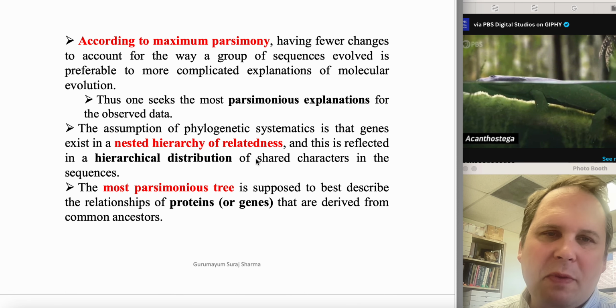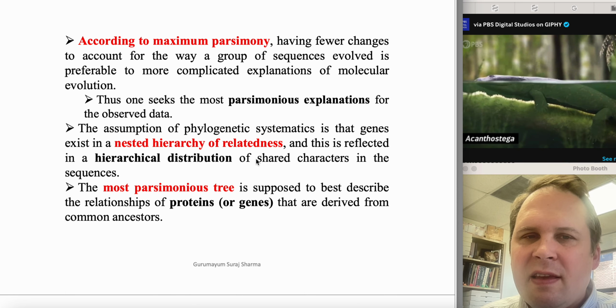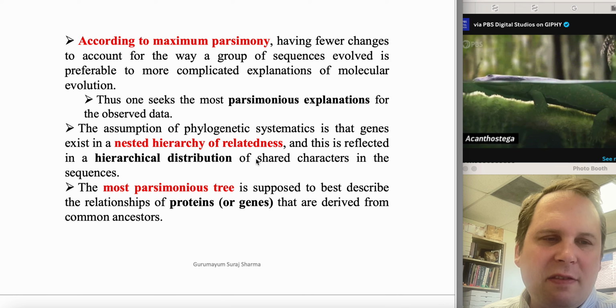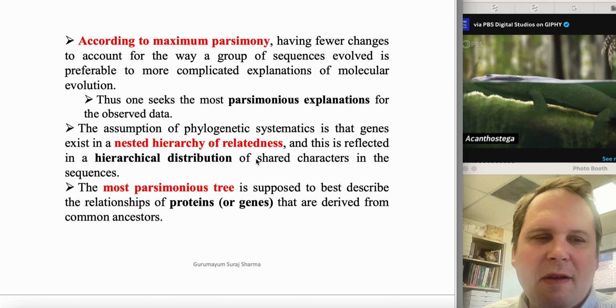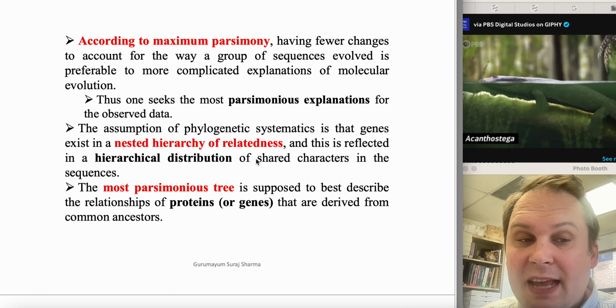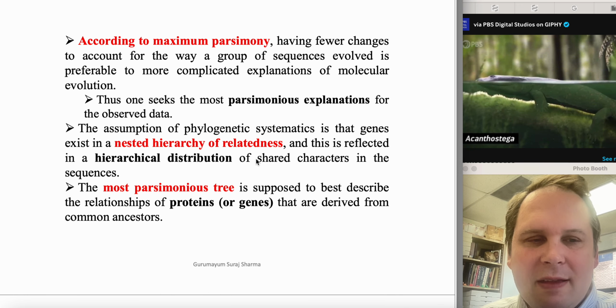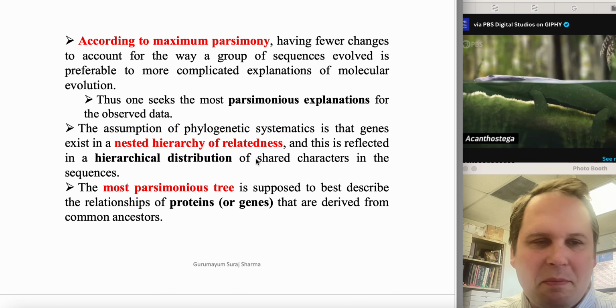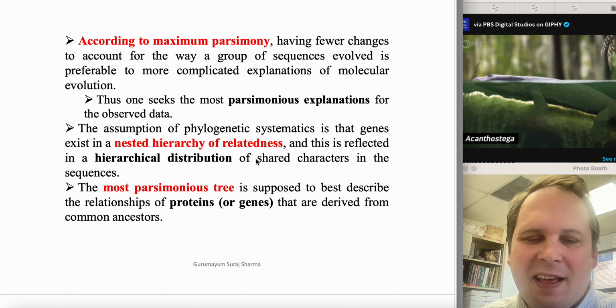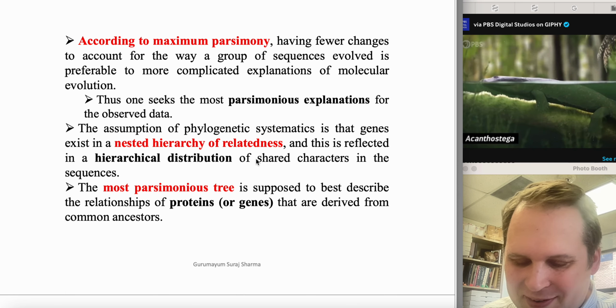So in maximum parsimony, we're going to say fewer changes are preferable to more changes. So shorter branch lengths are preferable. Did evolution actually take that path? Probably not. But we're trying to find out what is the simplest possible solution, like the quickest way it could have got here.